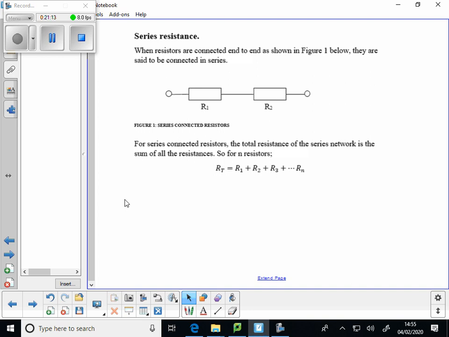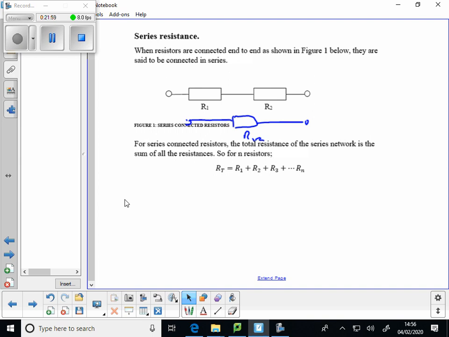Sometimes you'll hear that called the equivalent resistance, because what you're doing when you add R1 and R2 together is coming up with a single resistor, R12 we often call it, that would replace them in the circuit, and you'd still have the same current flow with the same voltage applied. We could take two 10 ohm resistors in series out and put 20 in, and we'd have the same circuit. We change nothing else.